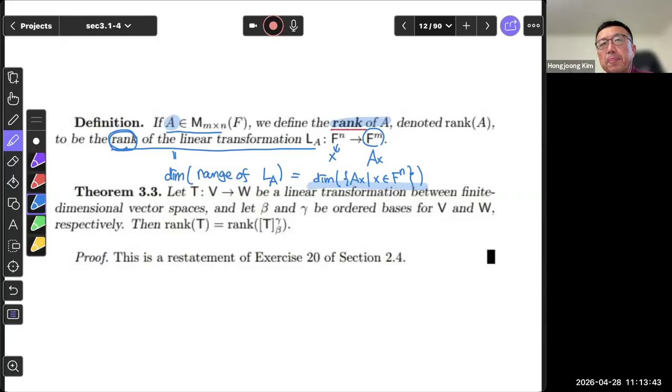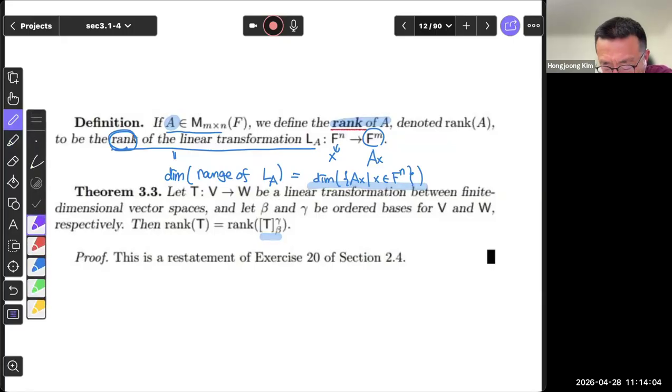Now, previously, we could consider this matrix. What is this? What does this notation imply? This T is a linear transformation.